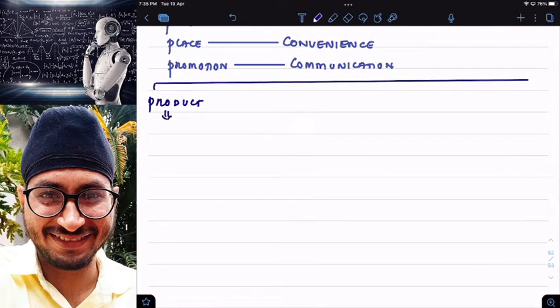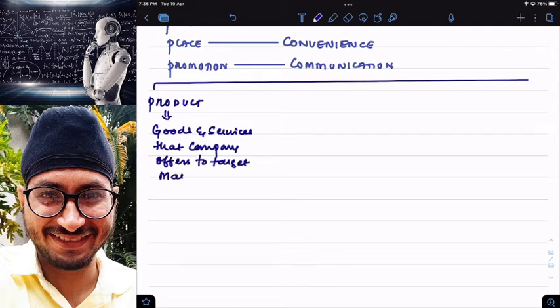It means goods and services that company offers to target market. Goods and services that company offers to target market is called what?